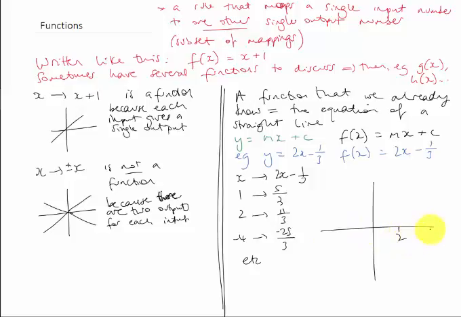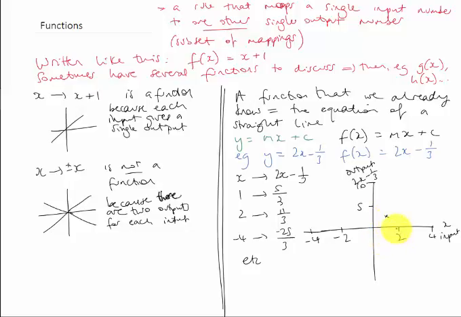Okay, so here's x, this is our input, and here is our y, our output, or 2x minus 1/3. Okay, so let's just draw the graph. So if we've got x is equal to 1, then y is equal to 5/3, which is nearly 2, so that is about here.